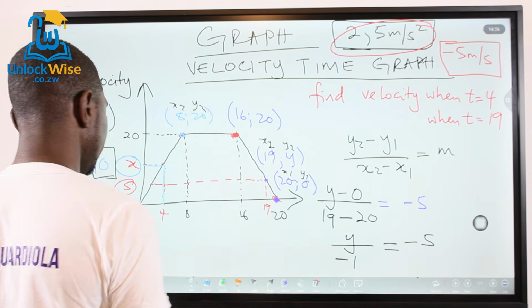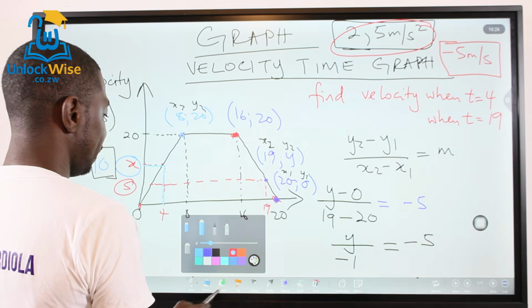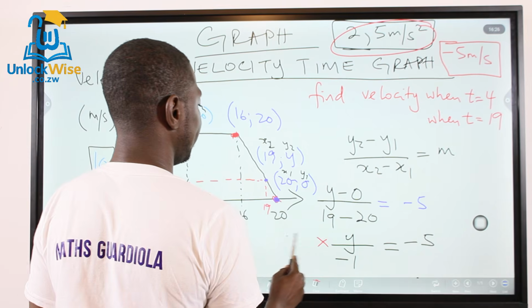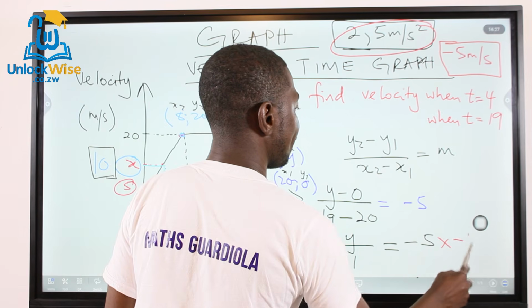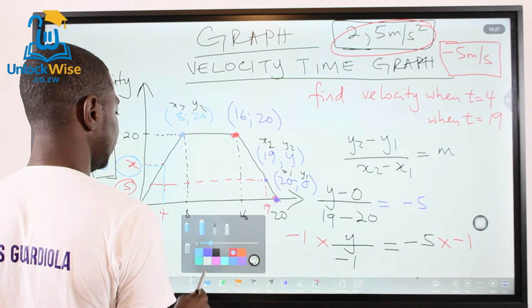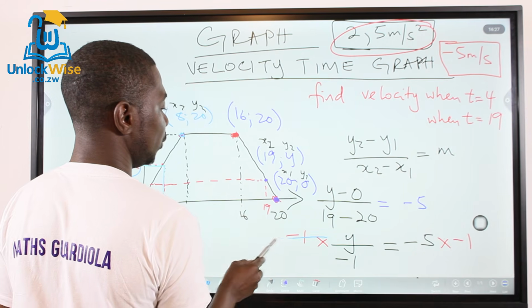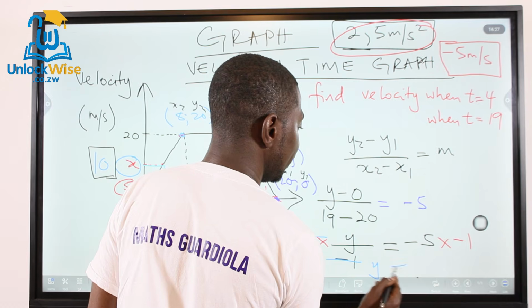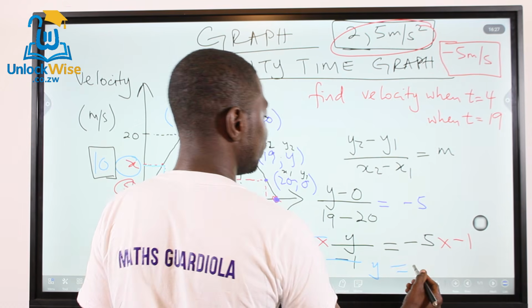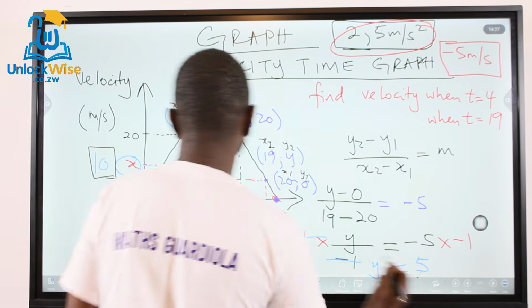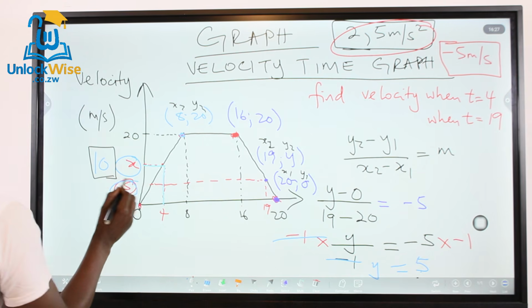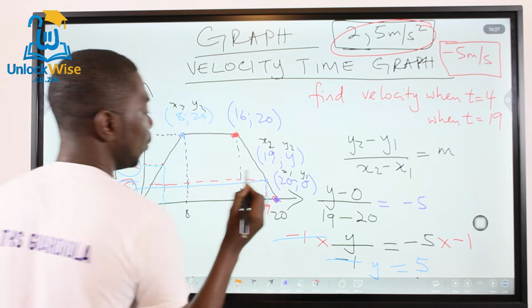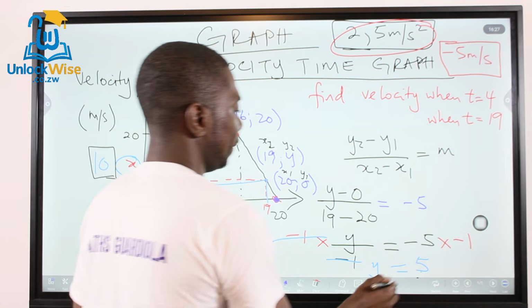If we multiply both sides by minus 1, this one and this one will cancel each other. So y is equal to minus 5 times minus 1, which gets positive 5, which is actually this one. So let's hope it's clear.